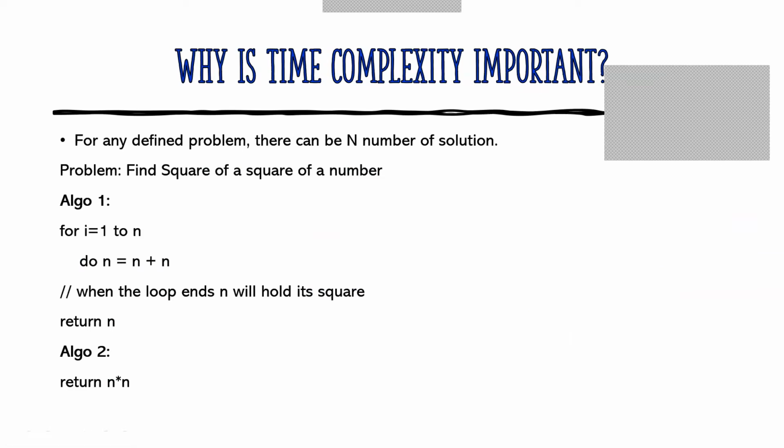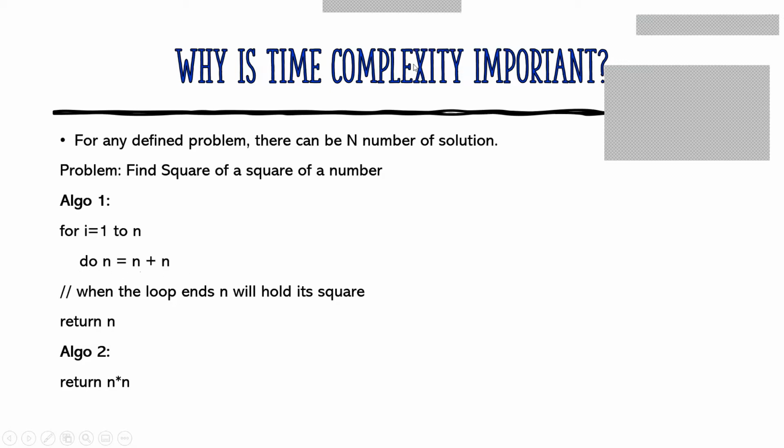For big O, if I tell you your algorithm should not go beyond 5 minutes, it might take 5.1 or 5.2 minutes, and that is still sometimes acceptable. But small o tells you it should not go beyond 5 minutes at all. Your algorithm should finish before that particular time.